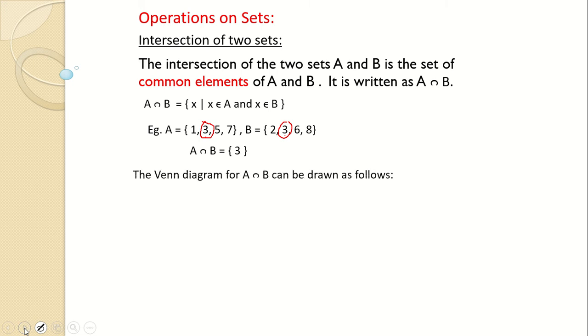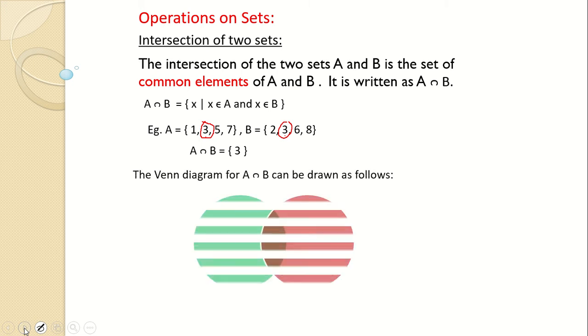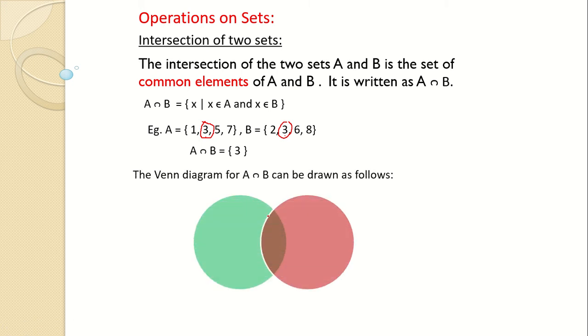With the help of a Venn diagram, we can show intersection this way. This area which is shown with brown is common to both the sets A and B. This is set A and this is set B. This area which is common to both the sets is called the intersection part.